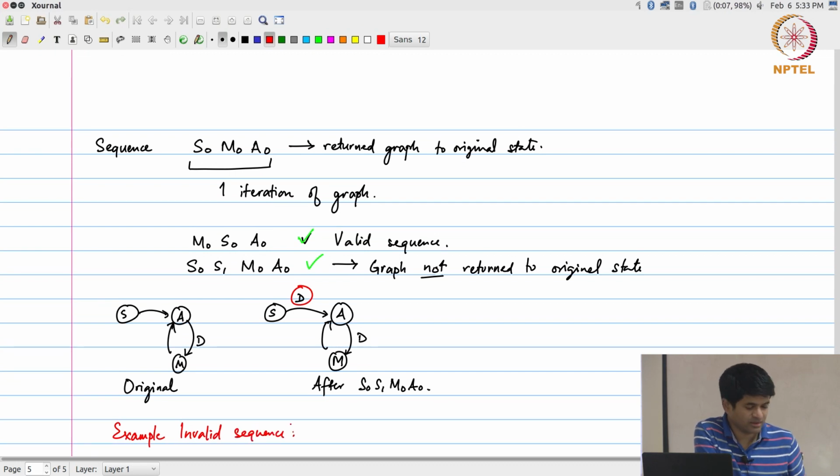starting from the original, right? A0, it's already invalid, okay, because A is not ready to fire right at the beginning of the circuit, okay.